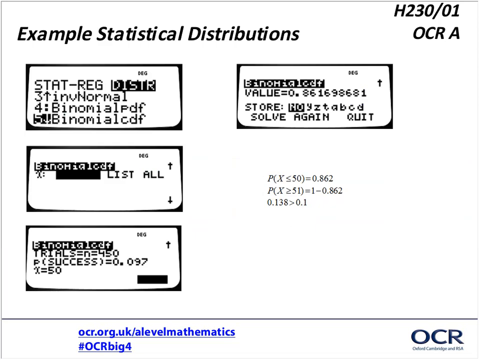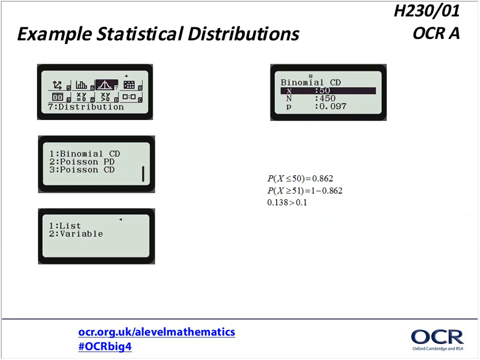So the Texas has all the functionality, but here on the Casio, choosing option 7 from the main menu, scrolling down to the binomial cumulative distribution, and we want to find just a single variable, so option 2, and then putting in the values.